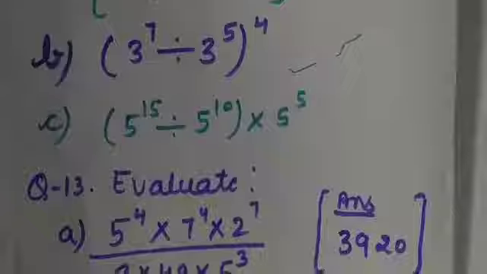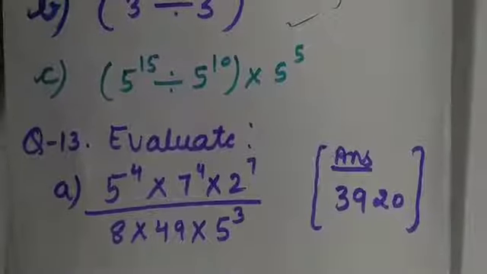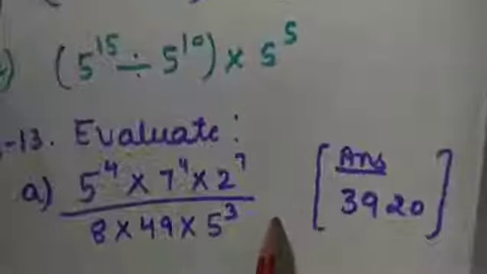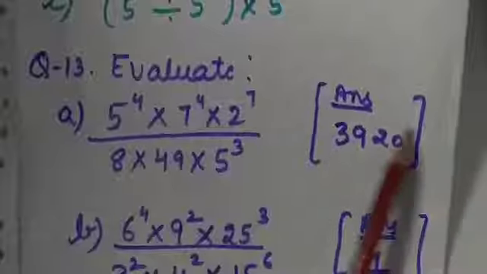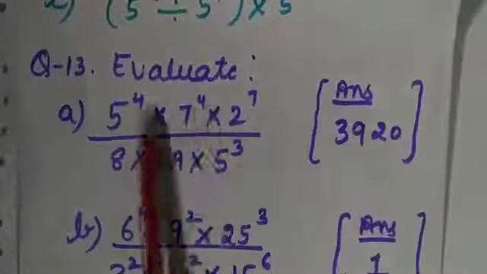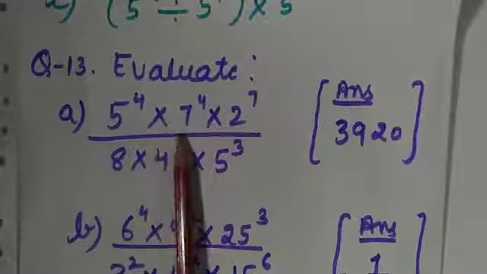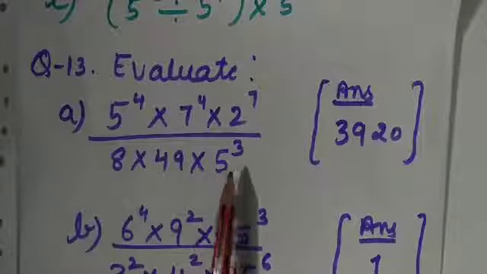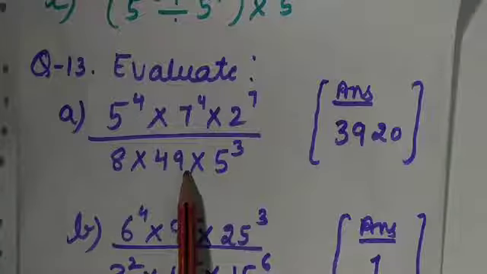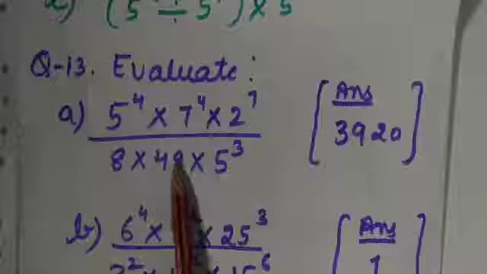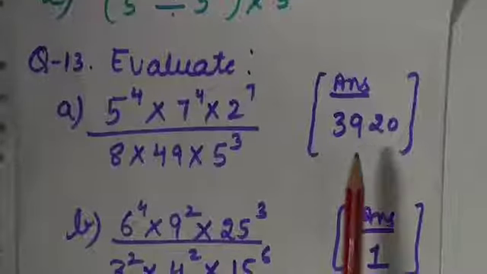Question number 13 you have is this. This is A part, and I have written the answers also. This is how to simplify. First you have to make each number a power of a prime. So you have to simplify, and this is its answer.